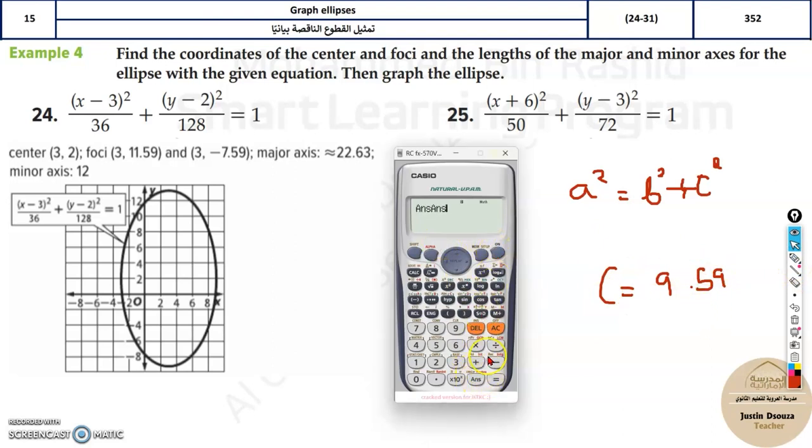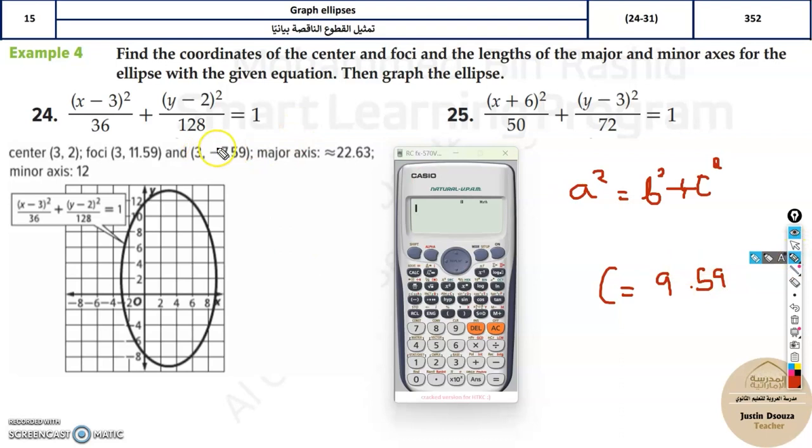So the answer is 9.59. I need to add 2. That'll be 11.59. So one is 11.59. X value will remain the same. We saw it in the formula. Similarly, 9.59 minus 2 will be 7.59. So this is the another value.